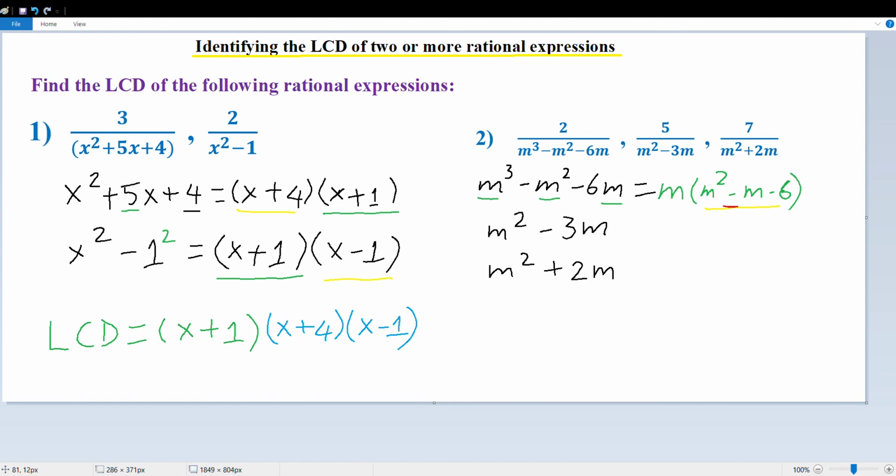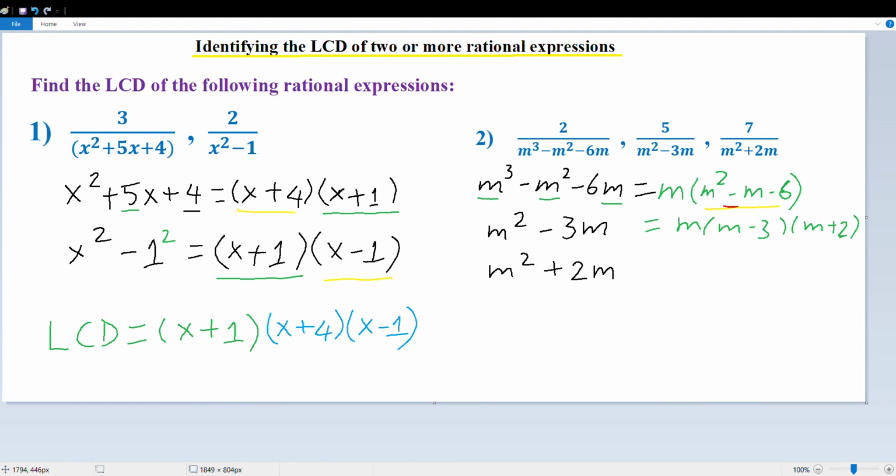Okay, so back to our factorization here, we'll say, okay, now we have m times, our pair was -3 and then +2.